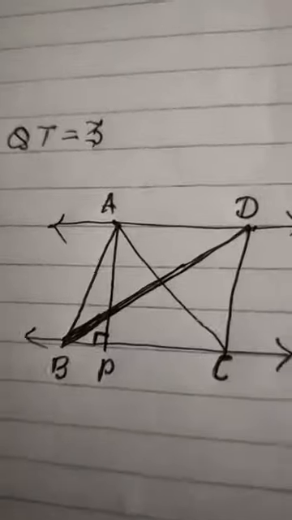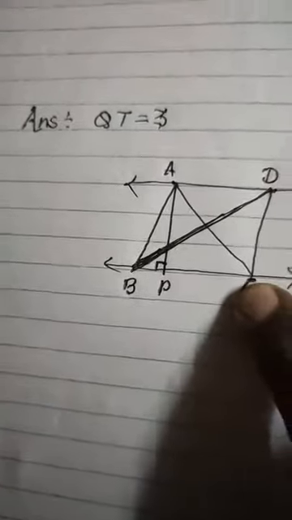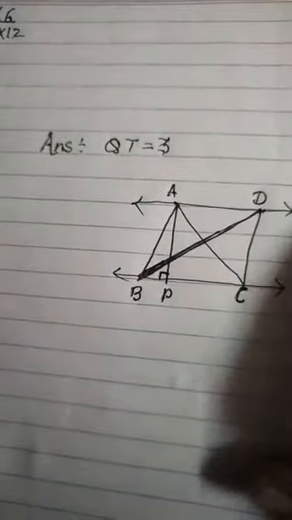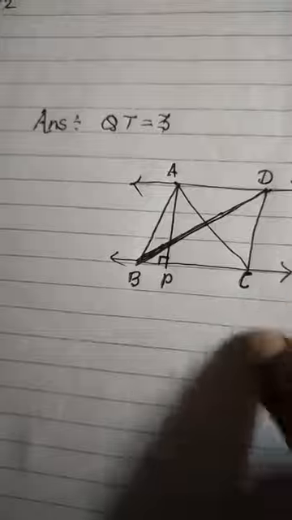In this figure, what is given? AP is perpendicular to BC and AD is parallel to BC. We have to find the area ratio of triangle ABC to triangle BCD.